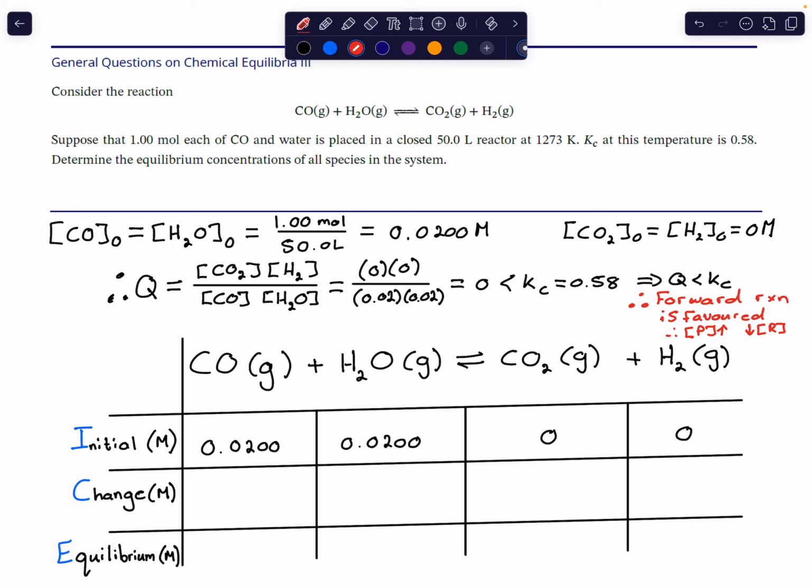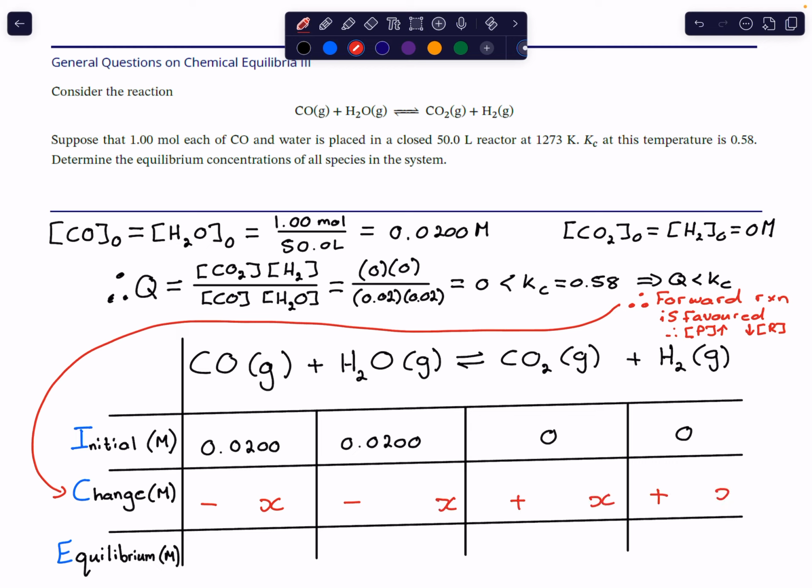And hence, let's make that link. So remind yourself that that gives us what needs to happen with the change. So that means we need to lose, minus, and plus and plus. We can put the x's down, whatever the amounts are.